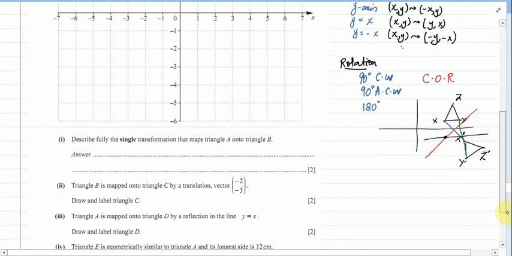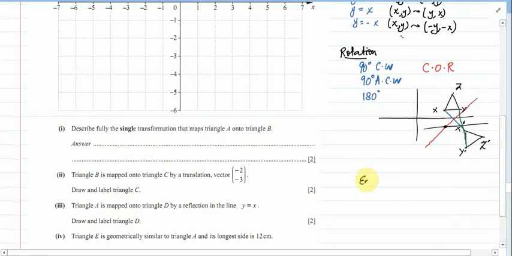And the last one is enlargement. In enlargement, we discussed the scale factor, referred to by the letter k, and how to find k. K is basically the ratio between the new length and the original length.